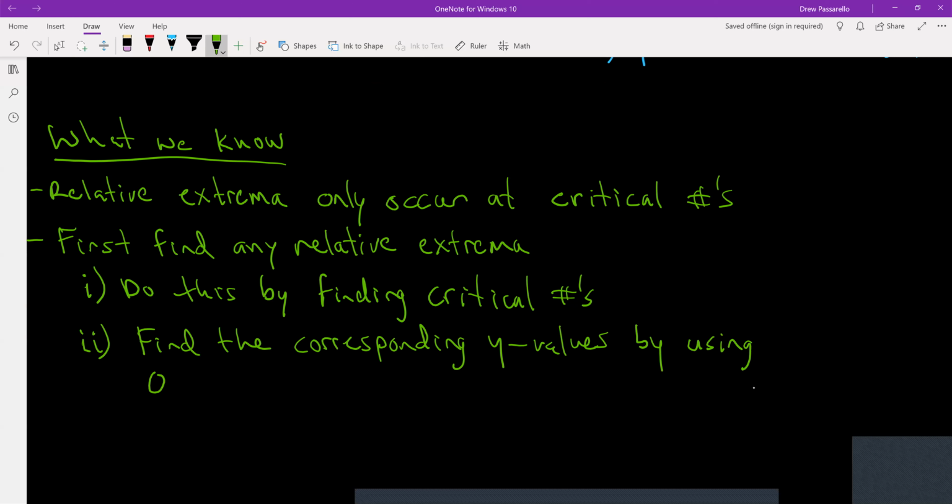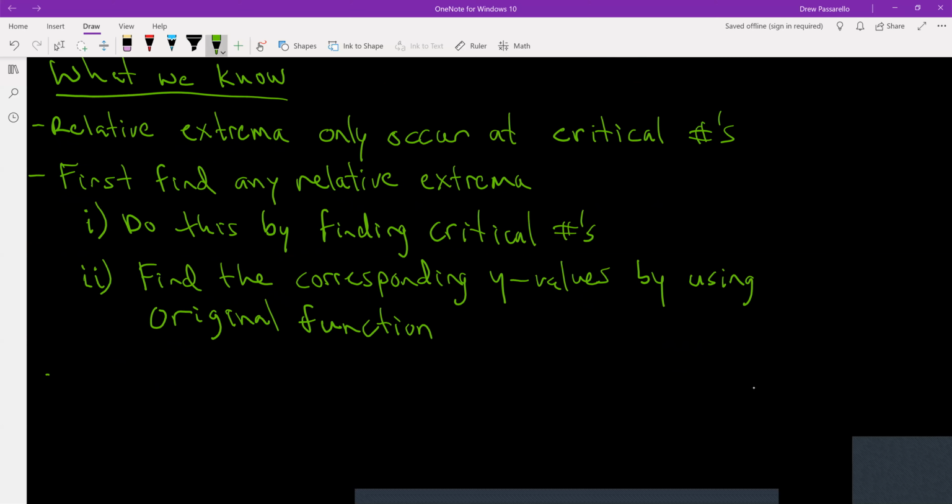This is where some confusion would be, people not using the original function. So first find any relative extrema, that deals with finding critical numbers, and after you find the critical numbers, find the corresponding y coordinates. Then you're going to plug in the endpoints.